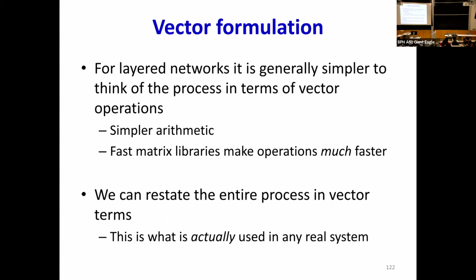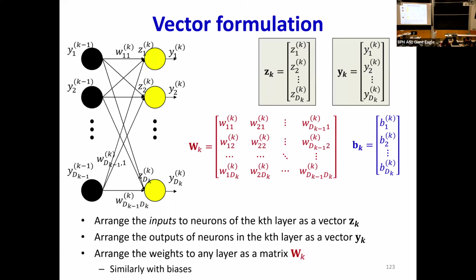So what is the vector formulation? I can restate the entire process in vector terms. First, think about this. If I have some previous layer neurons, then these are all the Ys that come out of the previous layer. I can arrange them as a vector with as many components as the number of neurons in the previous layer, right? Then I can define a weight matrix where each row is the set of weights to one of the neurons.